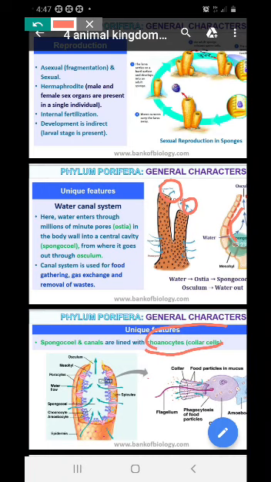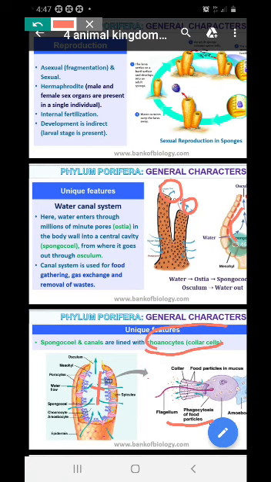See, there is a flagellum and all. This is one choanocyte which is drawn here, and they have flagella. See, all the flagella face the inside of the cavity. Clear? Which helps in the movement of water and food throughout the spongocoel. Clear? The collar cells or choanocytes.